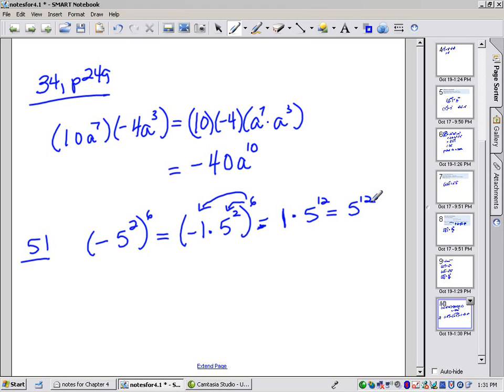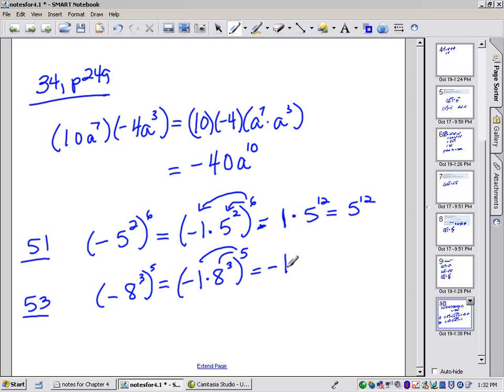Now, when would it not be positive? If you look at number 53, it is a negative 8 to the 3rd raised to the 5th. And so this is again like a negative 1 times 8 to the 3rd raised to the 5th. So a negative 1 raised to an odd power is going to be a negative 1. 8 to the 3rd raised to the 5th, we multiply powers, get 8 to the 15th.